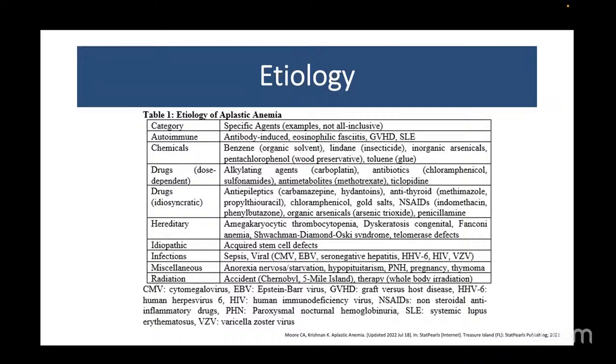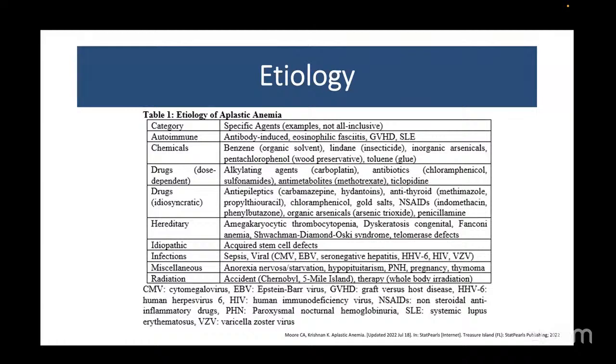It can be antibody induced, and it can be seen in GVHD, post-transplant, SLE, and eosinophilic fasciitis. Many chemicals and agents are notorious for leading to hematological disorders such as aplastic anemia. We commonly see in the oncology ward that people who were treated for different types of malignancies later develop aplastic anemia as a side effect of these drugs.